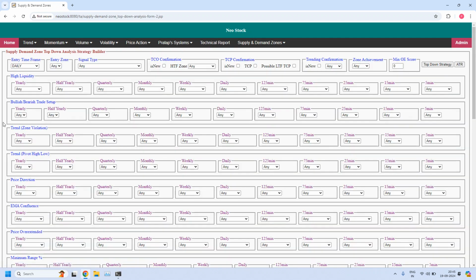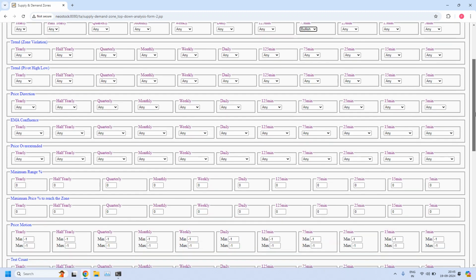So next one is a bullish trade setup for weekly income trade. Entry time frame is 75 minutes. Entry zone is demand zone. In bullish or bearish trade setup at entry time frame 75 minutes, I am selecting bullish, and the 75 minutes demand zone should not be pierced.